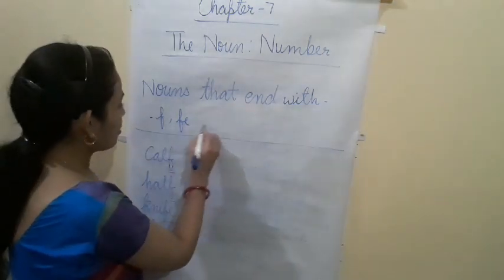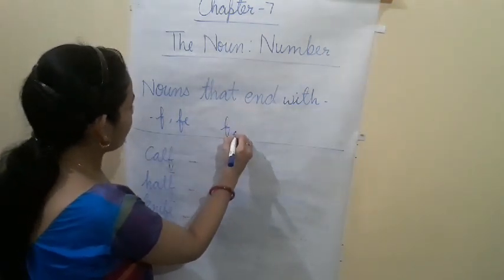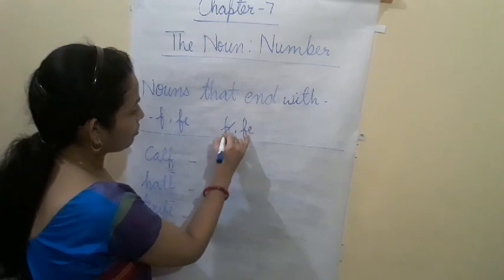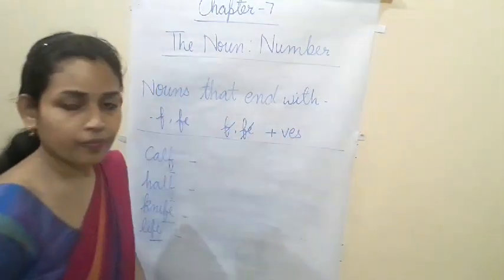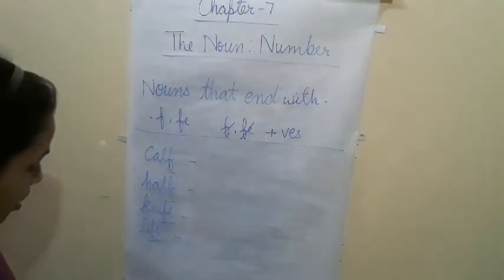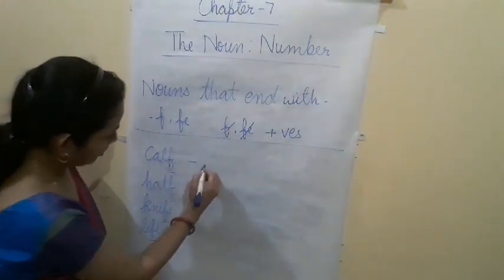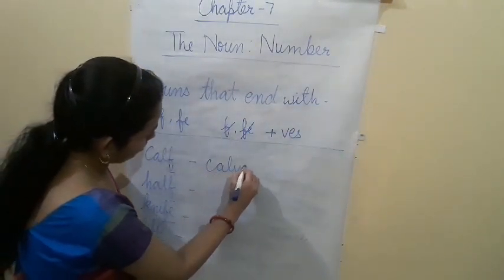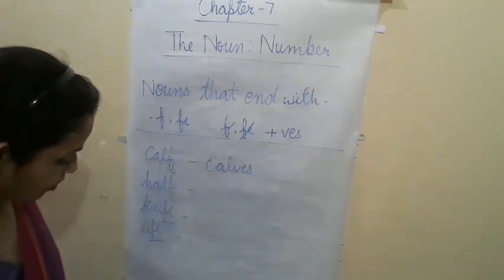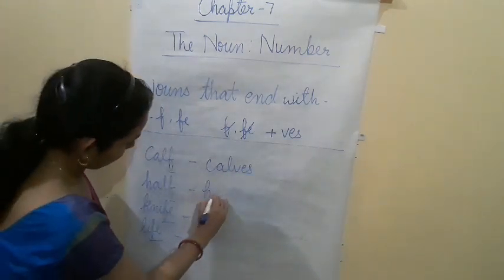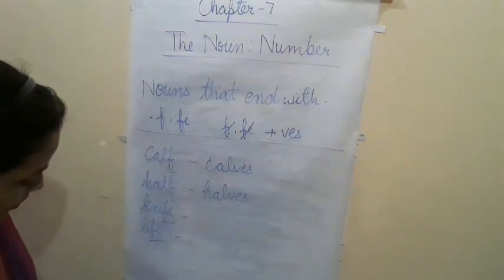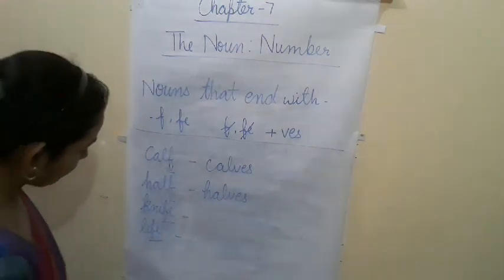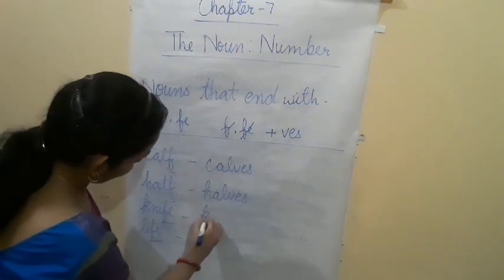So here we just drop f or fe and add ves. Calf will be calves. Half, halves. Knife, knives.